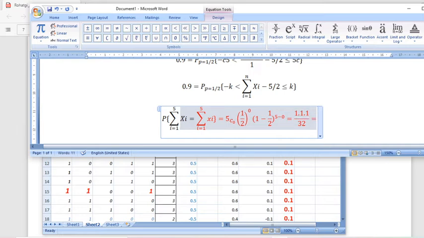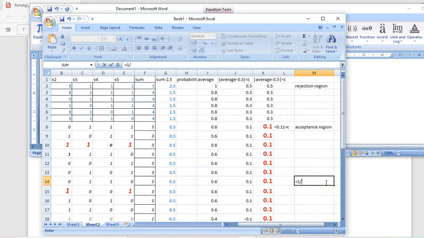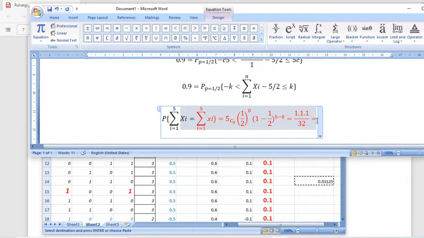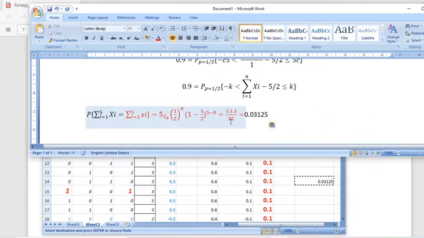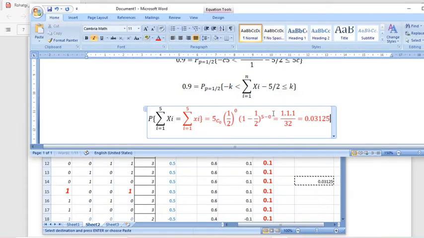So the value is 1 by 32. This is the value when summation x equal to 0.